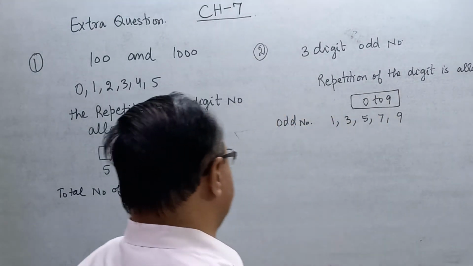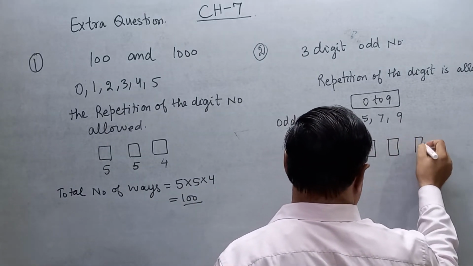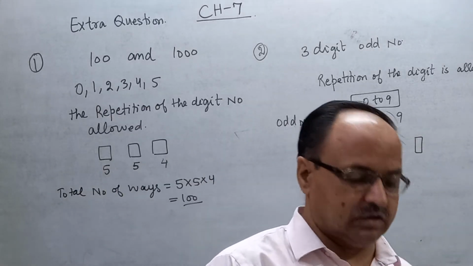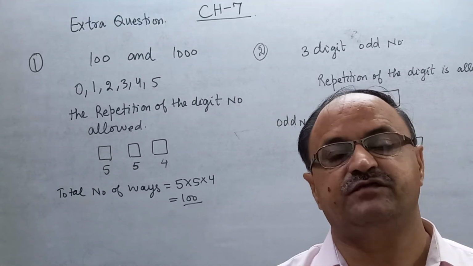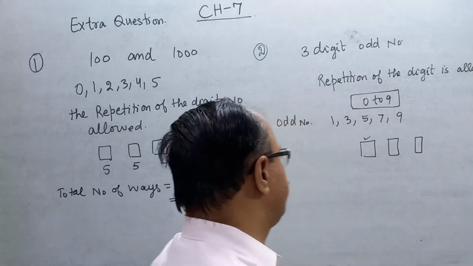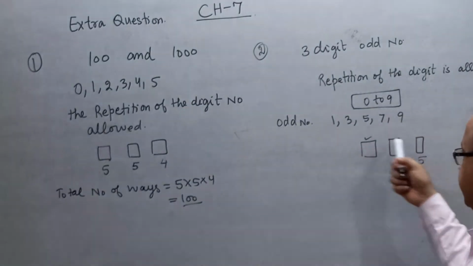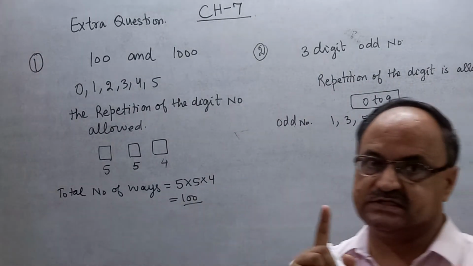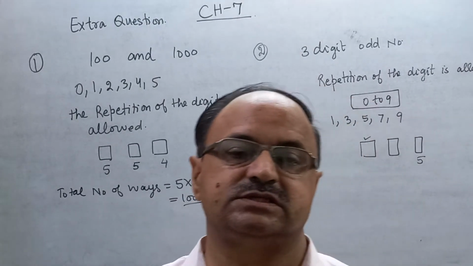So for a 3-digit odd number, the unit place can be filled in 5 different ways, because you can write any one of 1, 3, 5, 7, 9 in the unit place. If the last digit is odd, then the whole number is odd.